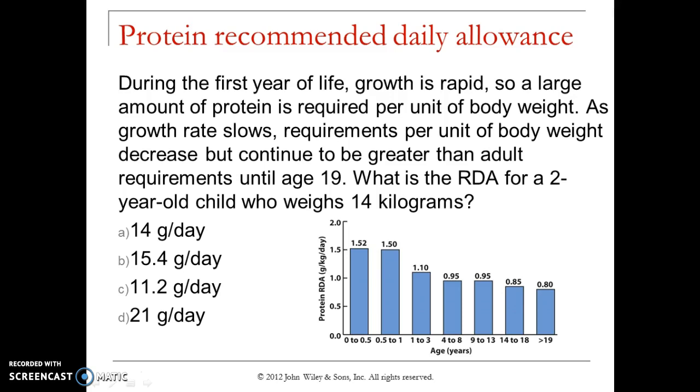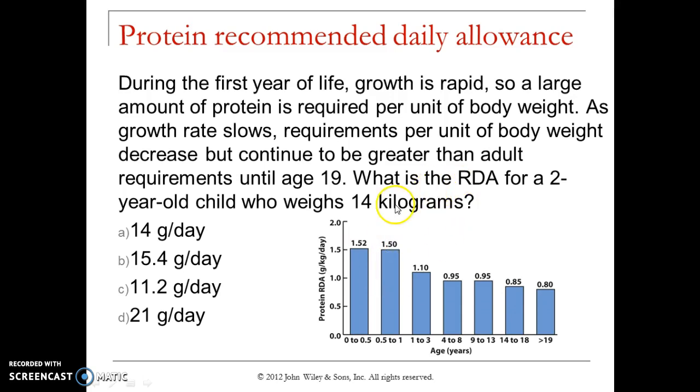So if we were looking at a 2-year-old here, if you can see over on this chart, if a person is right around 1 to 3, they're going to need 1.1 grams per kilogram of body weight. So you can see that if this child is 14 kilograms, you would multiply 14 by 1.1 to get 15.4 grams of protein total a day.